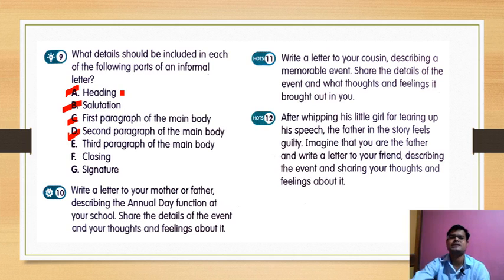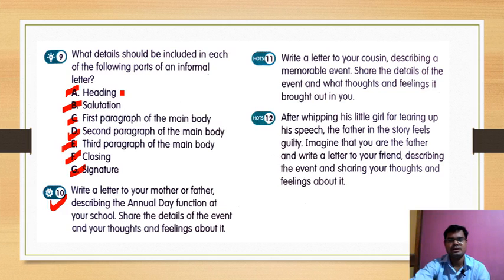And here, signature. Signature means yours lovingly, your brother, your dad, XYZ. That's what the signature is. So you have to write what you are expected to write in this heading, salutation, and all other remaining points. Next, which is number 10.